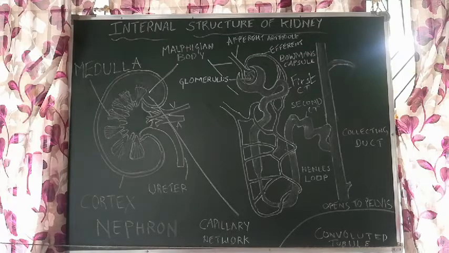Another reason is that the lining, the epithelium of the capillary network present in the Bowman's capsule, is very thin. It is only one cell thick, and the cells there are called podocytes, P-O-D-O-C-Y-T-E-S.